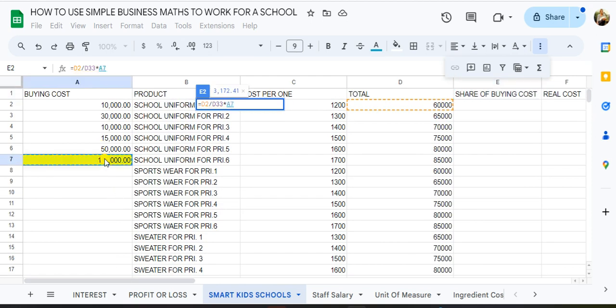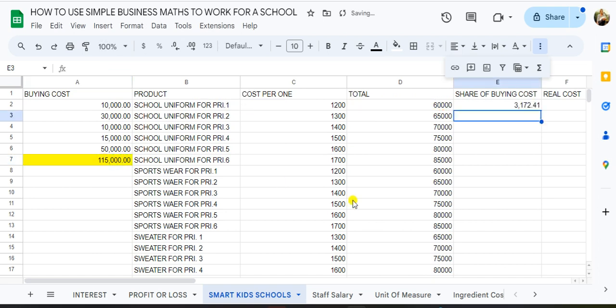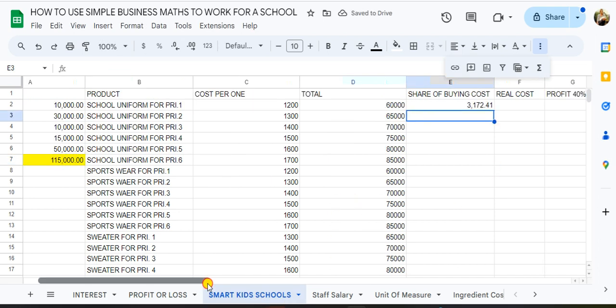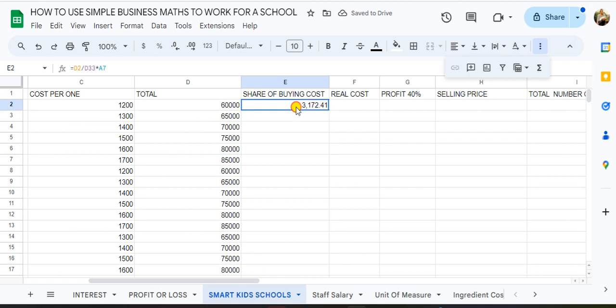When you do it, you press equal to, but this is so long, we are not going to be doing it. You see, the first product cost them 3,172 naira 41 kobo to move it to the school. One school uniform for each class, it cost them 3,172 to bring 50 school uniforms for primary one, for example.